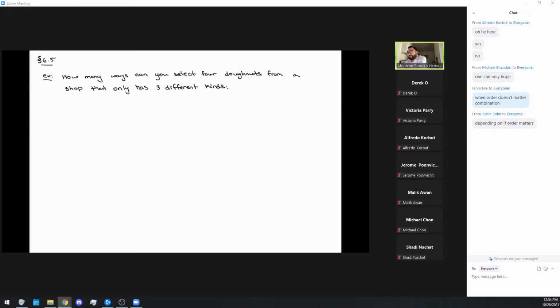In other words, this is not a good shop because it only has three different types of donuts. Well, it depends, unless it has your favorite type.